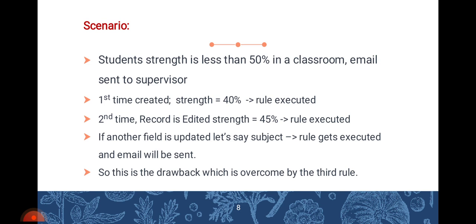The second time when the record is edited and strength has been set to 45%, the rule will be executed again. Now if another field is updated, let's say subject, the rule will get executed and the email will be sent. So this is the drawback which is overcome by the third rule.